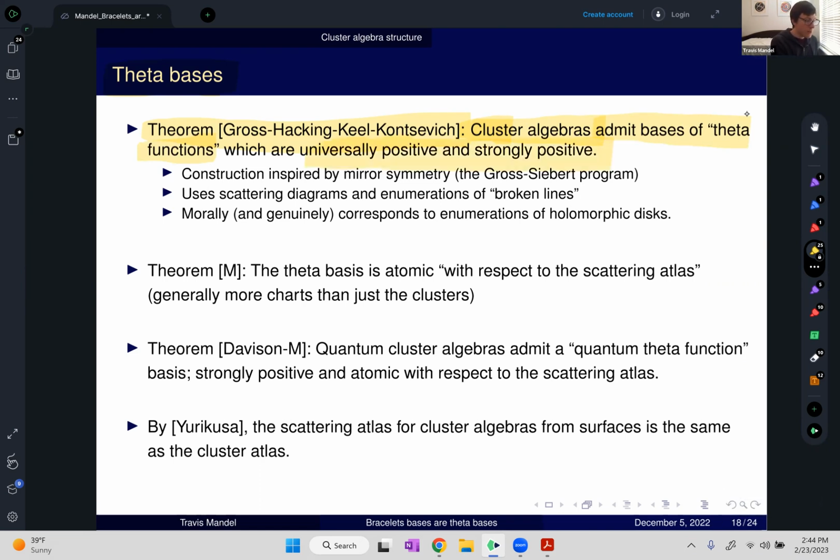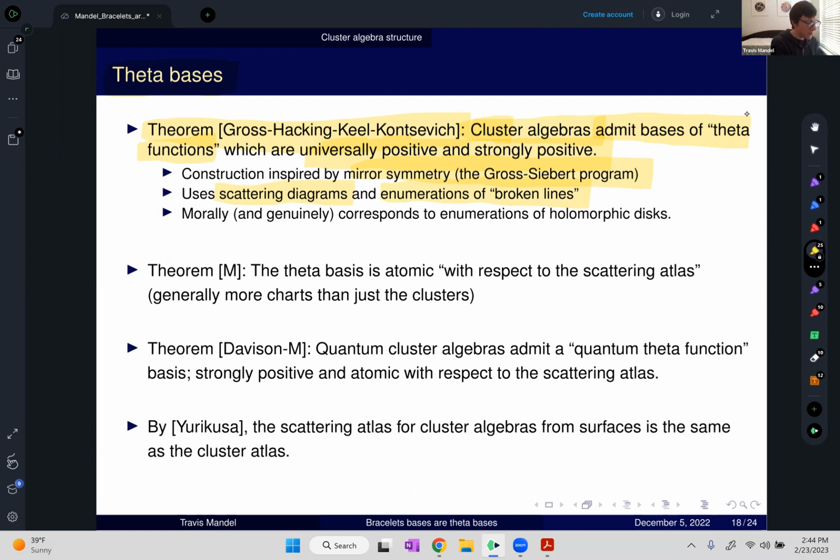Their construction comes from ideas in mirror symmetry, especially the Gross-Siebert program. They use these combinatorial gadgets called scattering diagrams, and these theta bases are defined in terms of certain counts of something called broken lines. That's another combinatorial gadget related to the scattering diagram. I won't define these, but I'll do an example where I'll at least draw some pictures, to maybe give some idea of what these are.